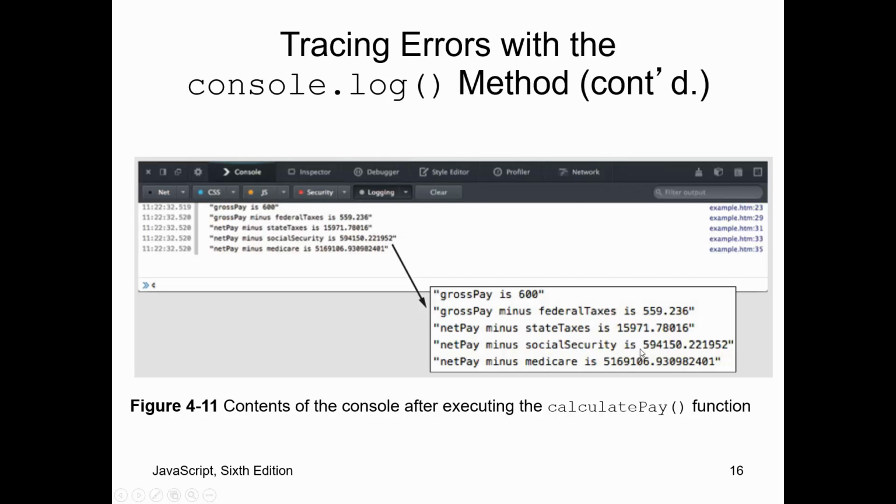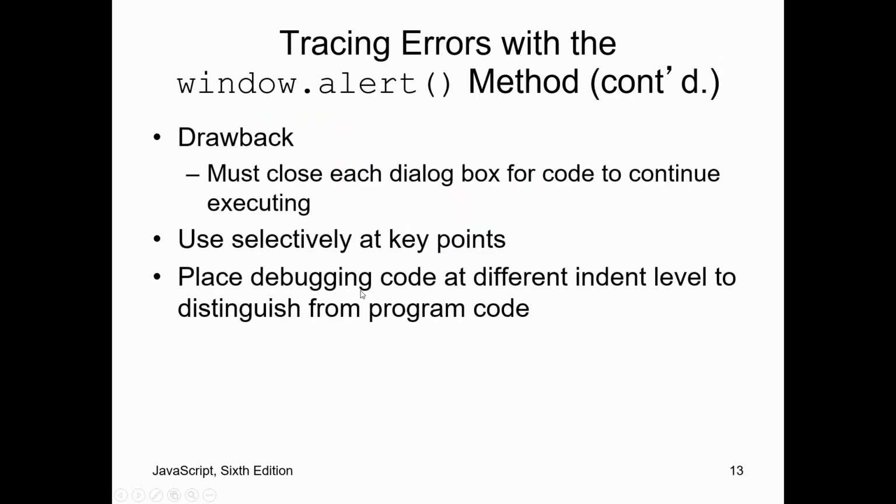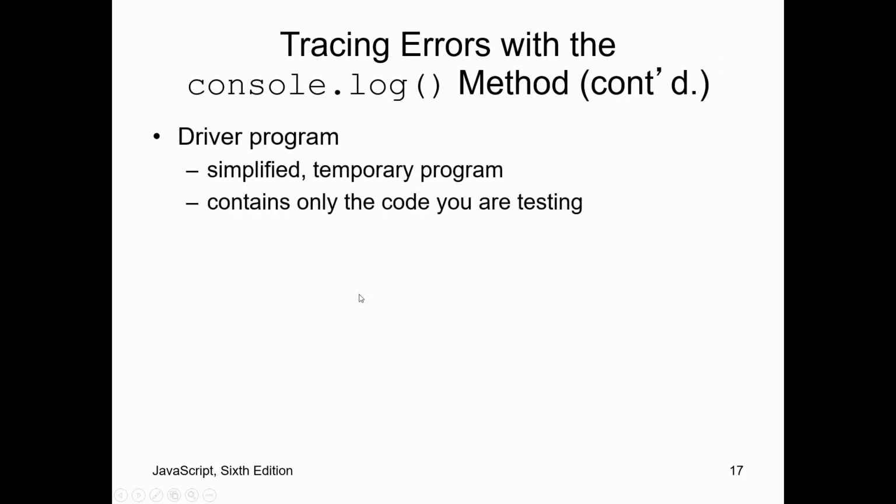Well, wait a minute. It's going way up. I'm at 594,000. And I think this is where we multiplied, and we probably should have been subtracting. So we looked at that example before. This should have been minus equals these. And we made them times equals. So I believe that was what the error was. All right.